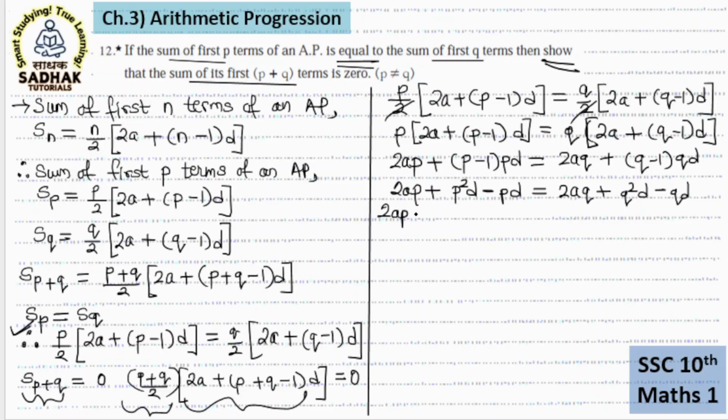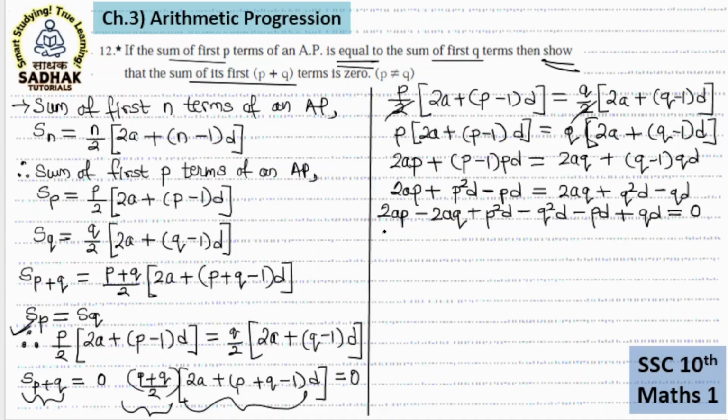Okay, so you noticed what we did: whatever was on the right hand side we took to the left hand side. Now first look at these first two terms. Here 2a is common, so I can take 2a outside and whatever is not common we can write in the bracket p minus q. We can write it like that, plus.